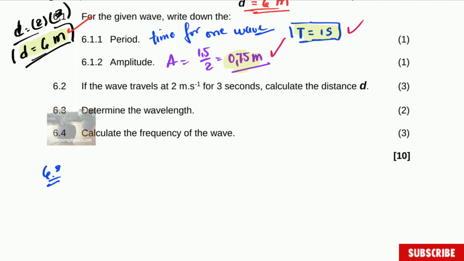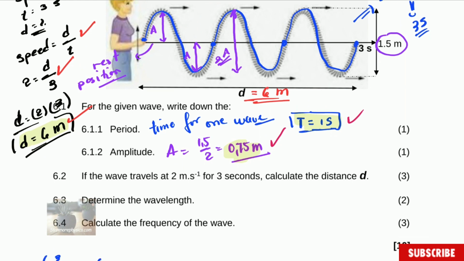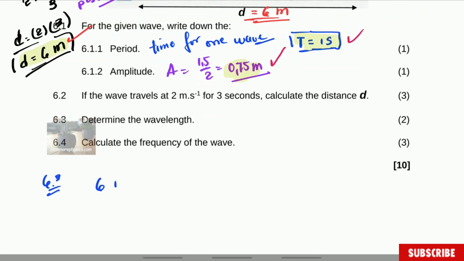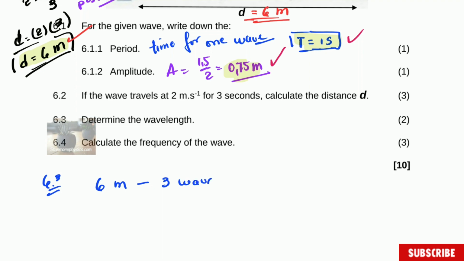Remember, wavelength is the distance between two consecutive points in phase. Now we know that 6 meters is 3 waves. We need to know for one wave, how many meters it is.